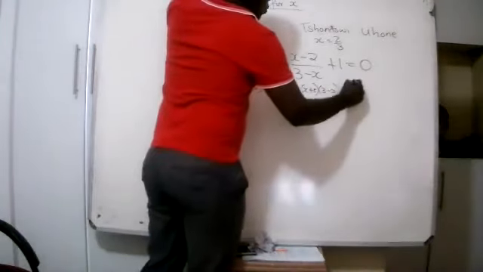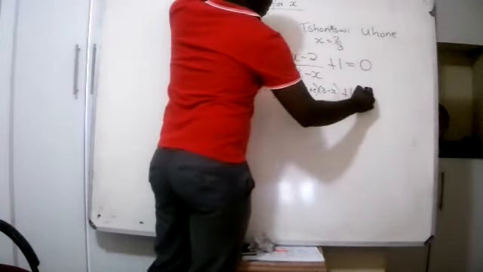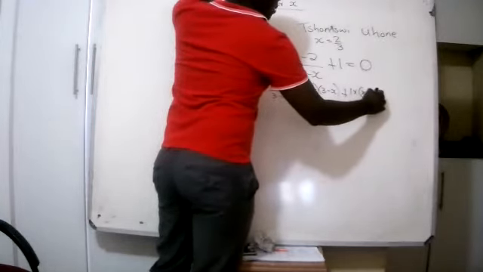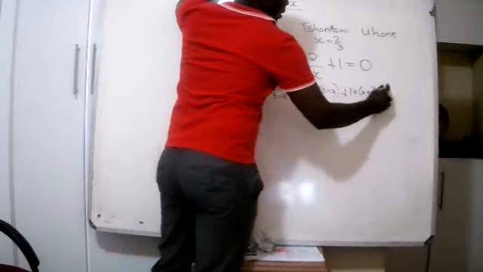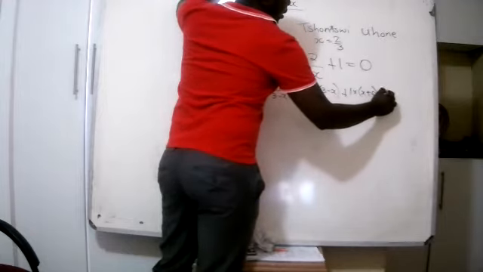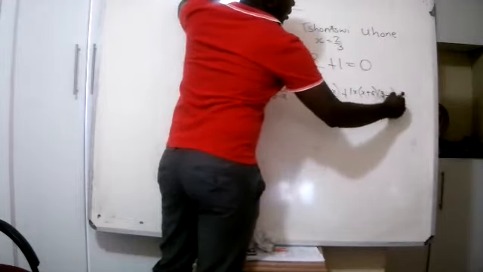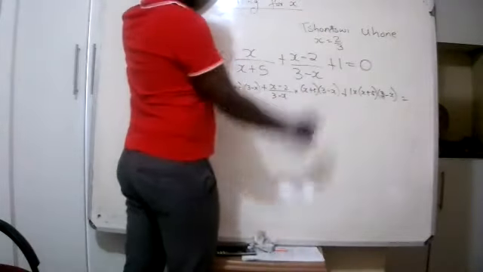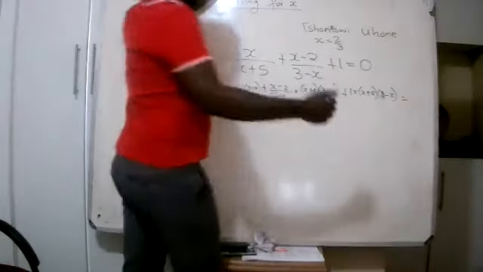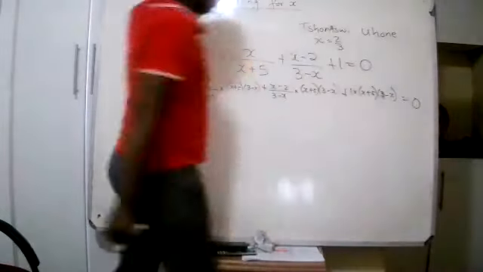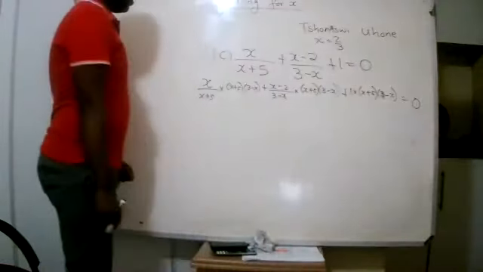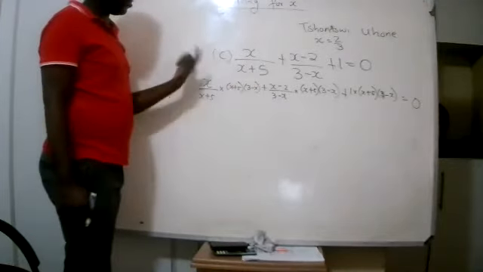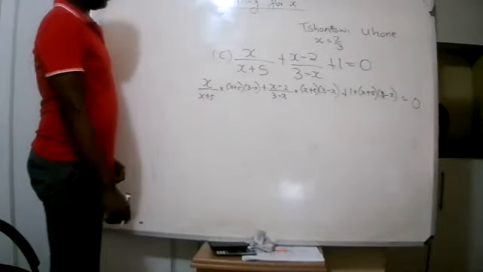And then the same here, 1, we multiply 1 with x plus 5 and 3 minus x. And then even on the right-hand side, we have to do the same. But fortunately, in that case, we have a 0. 0 times any number, we get a 0. There's no need to show that you're multiplying with this term on the right-hand side, because it's just a 0.